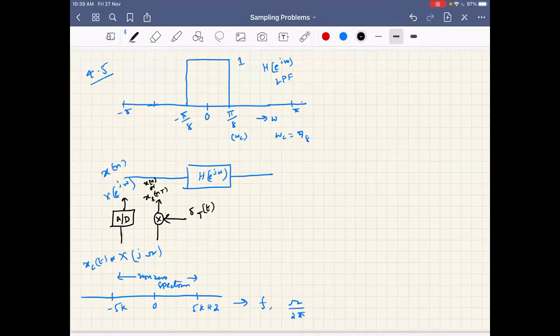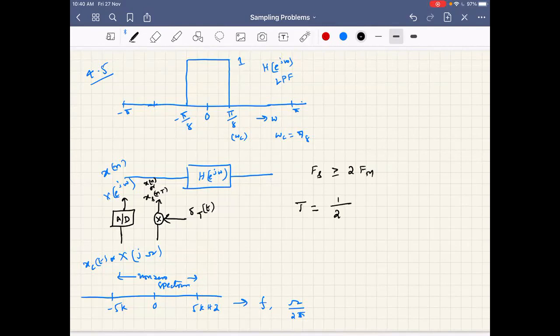Now the question is, how much should this capital T be to avoid aliasing? Through the sampling theorem, fs has to be greater than or equal to twice the maximum frequency in the signal.